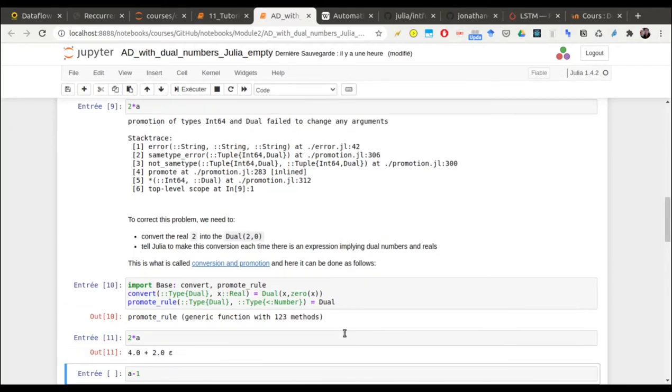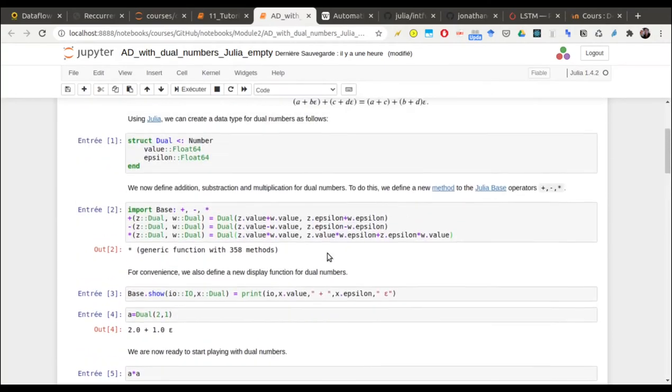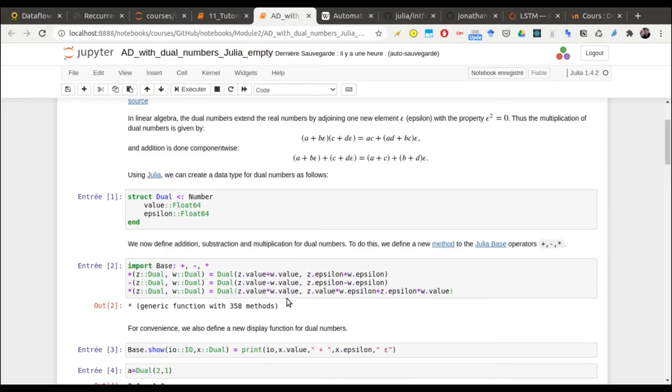Okay, so now 2 times a is working because Julia understands that this is a number, so it should be promoted to a dual. Converting a real number to a dual is done thanks to this formula, and then the multiplication of two dual numbers is explained over there.